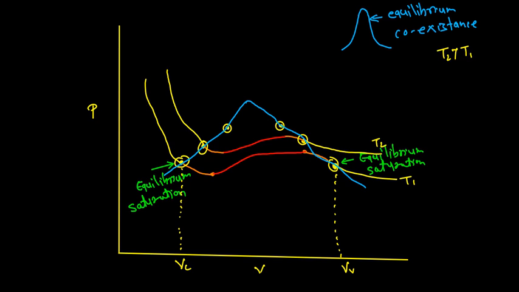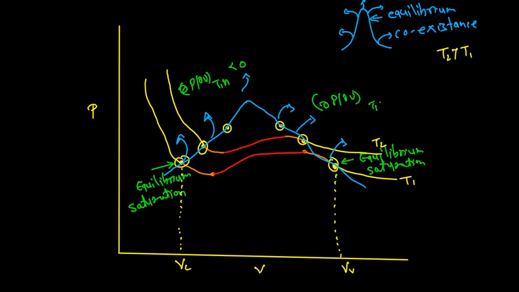Now what happens if I go beyond this? In this region, anywhere here, what happens? If you see, ∂P/∂V is less than 0 here, and similarly ∂P/∂V is less than 0 here, which means that the system is stable.